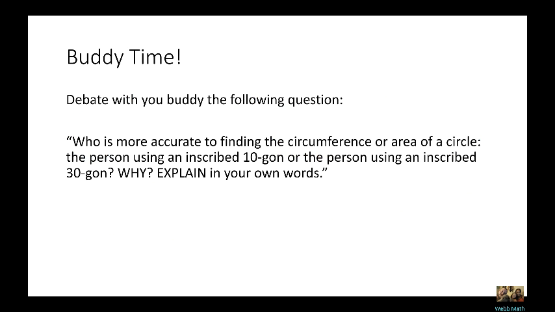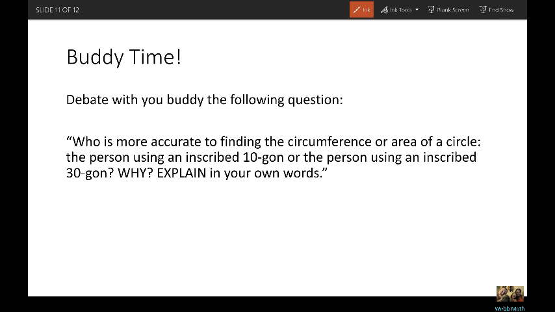Please show me. All right, buddy time. Debate with your buddy on the following question. Who is more accurate in finding the circumference or area of a circle? The person using an inscribed 10-gon, so 10 sides, or the person using an inscribed 30-gon? Why? Explain in your own words. So I want you to write 2 sentences. First off, the statement: who's right? Who's closer?